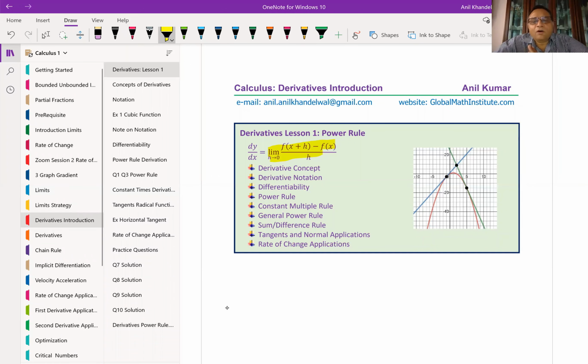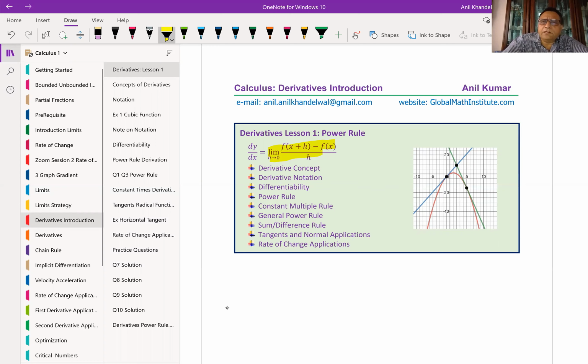Now, we have been calling this the gradient equation. If you have to find gradient at any point on the curve, you could use this using a instead of x. So at that point, x will be equal to a. You could also use it as a gradient of the function because you know gradient is a function.